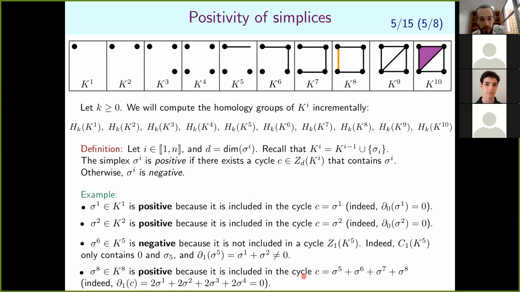The boundary of C will be the sum of the vertices of the first edge plus the second edge plus the vertices of the third edge and the vertices of the last edge, right? And you obtain the sum of all the vertices counted twice. And as we work in Z over 2Z, 1 plus 1 is 0. So this sum is 0.